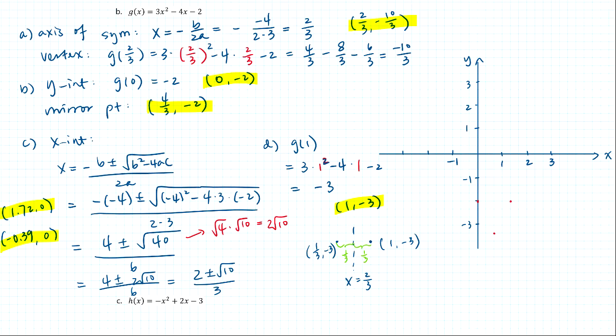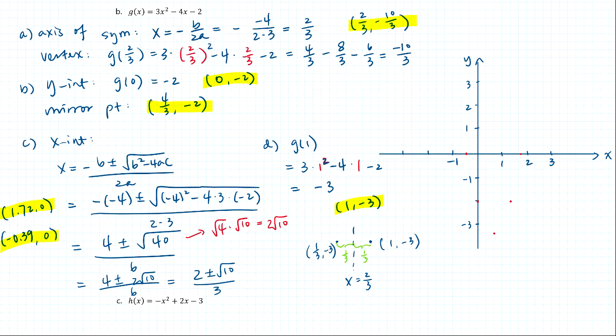Then I have 1.72, comma 0. So this is somewhere you kind of have to eyeball a little bit. So it's just past the 2/3 way between 1 and 2. Then negative 0.39 be somewhere here. And next we have 1, negative 3 and 1/3, negative 3.